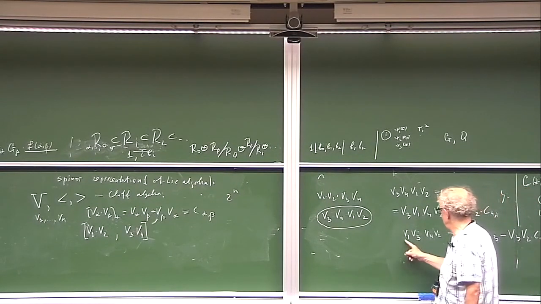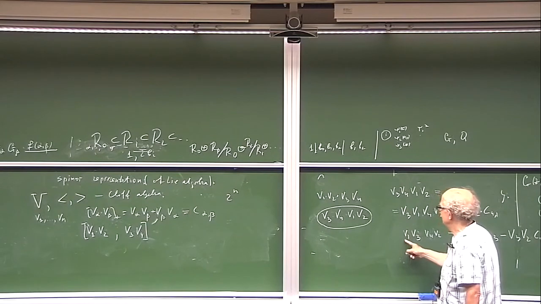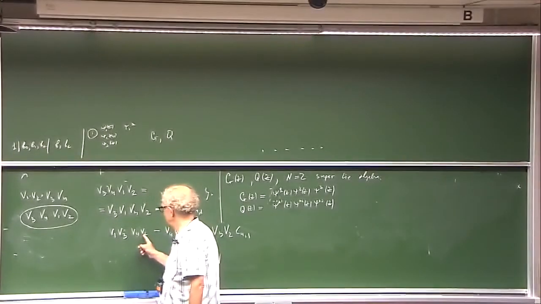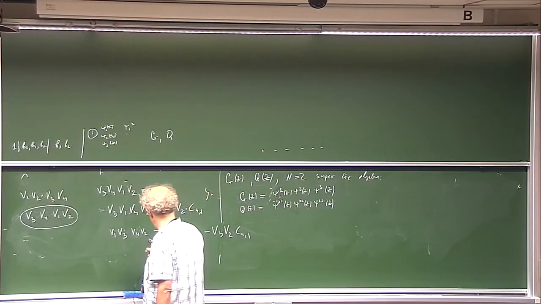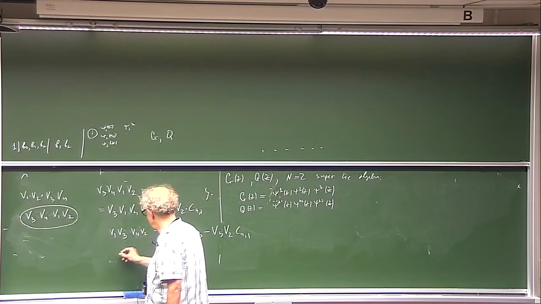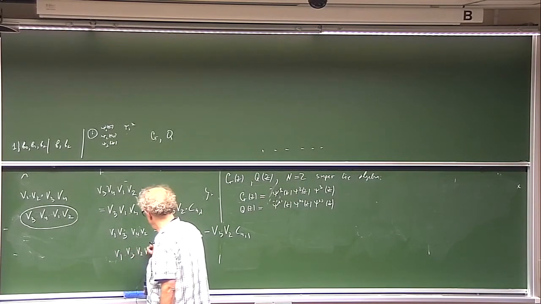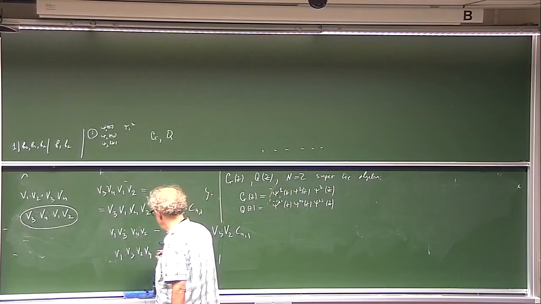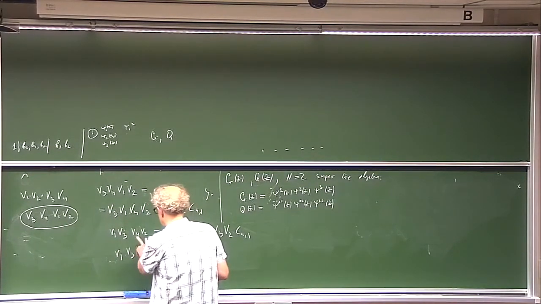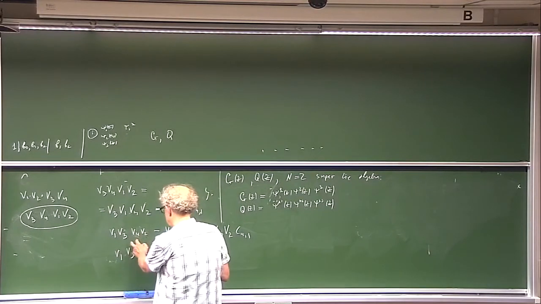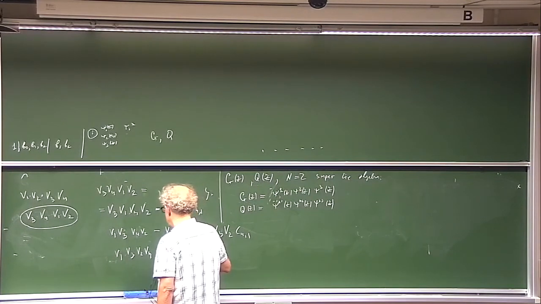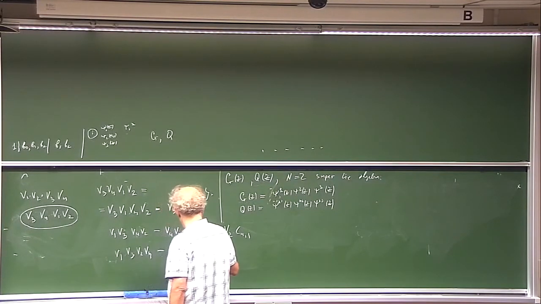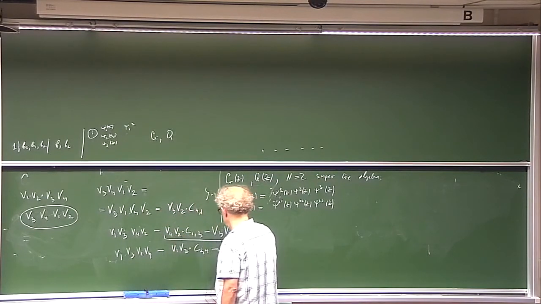Now V1 is in the first position. But then we need to put 2 here, and we can do it in 2 steps again. Then it gives us V1, V3, V2, V4, and here minus V1, V3, and here we have C24, if I am correct, minus this.